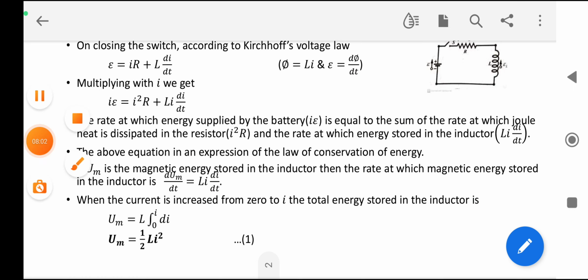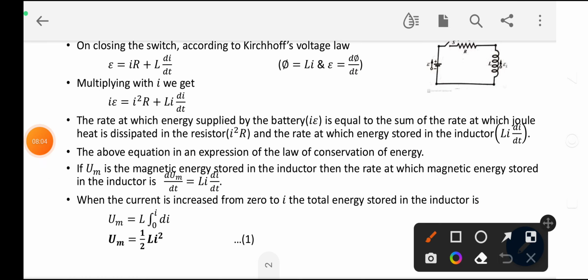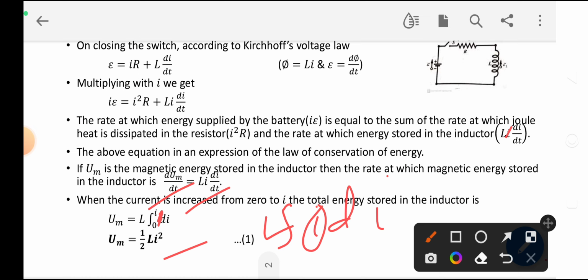Okay friends, integration of i is what? Sorry, here one more i we have to write in the middle, because L i di is actually present. So after integrating i with respect to i, we know it is i square by 2. So that is why i square by 2 has come.